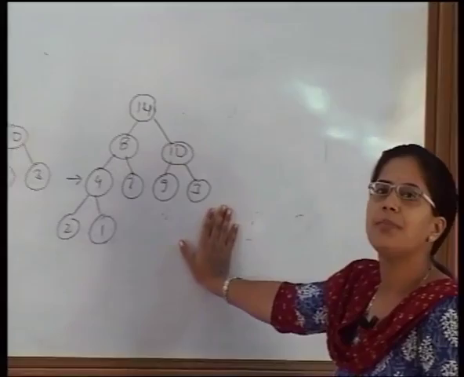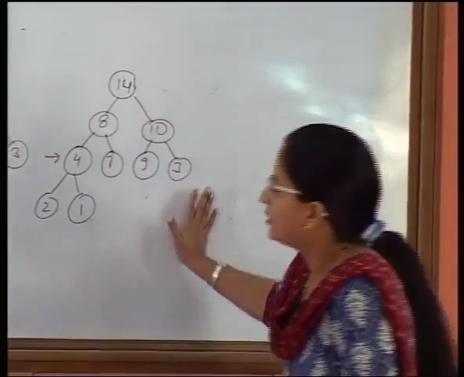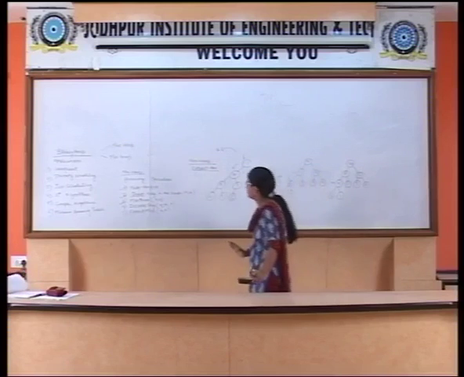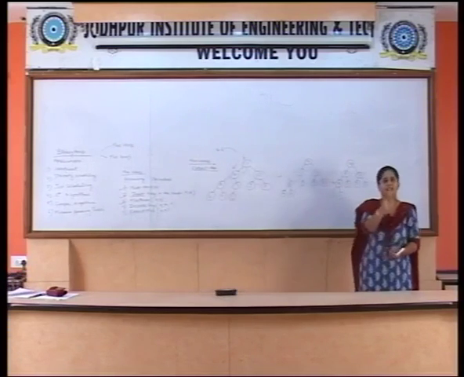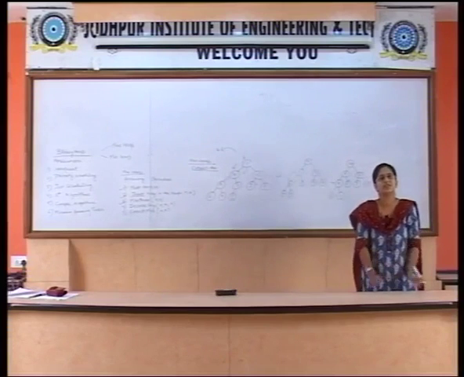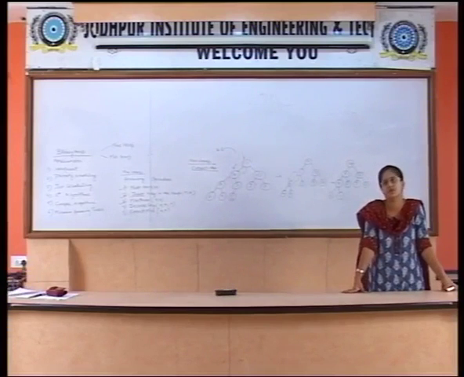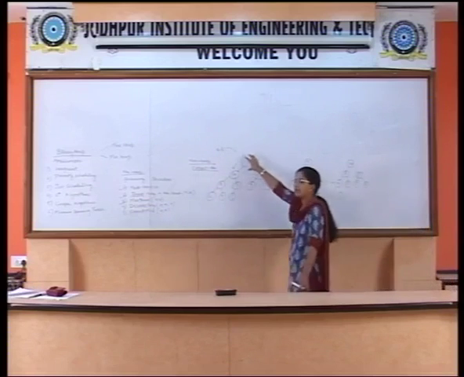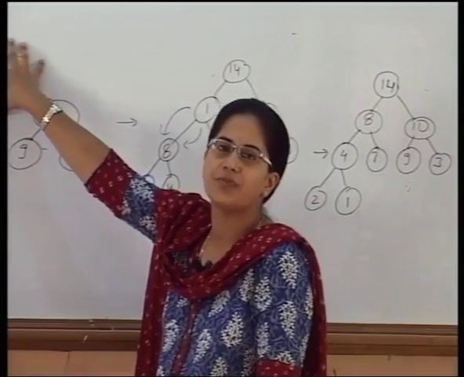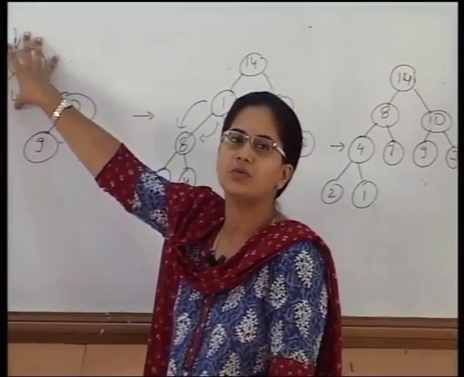Now, what will be the complexity? We are starting from the root node. For finding the max element, the worst case complexity is big O 1, because the maximum value in the case of max heap is supposed to lie at the root.